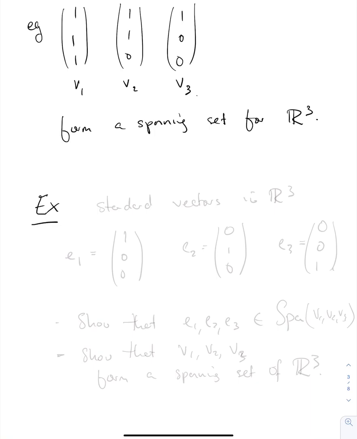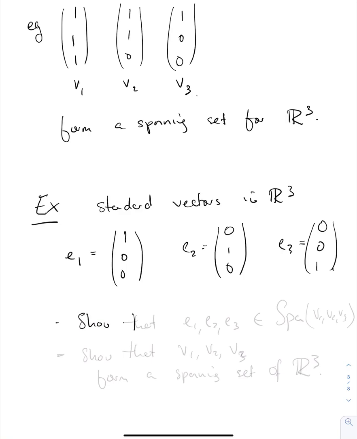Here's an exercise. Say we've got the standard vectors, if you recall, in R^3. e_1 is going to be (1, 0, 0), e_2 is (0, 1, 0), e_3 is (0, 0, 1). So first, show that e_1, e_2, and e_3 are in the span of v_1, v_2, and v_3 defined above.